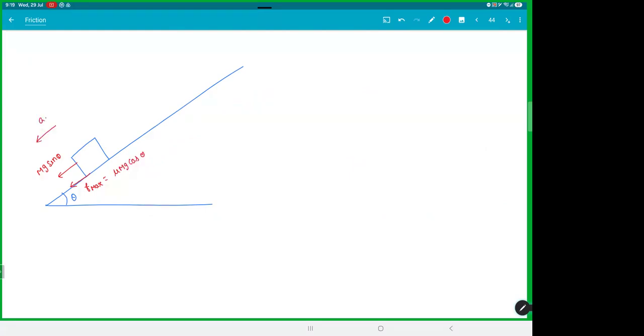Acceleration will be a1, which is backward. Mg sine theta plus mu mg cos theta is equal to m a1. We get a1 is equal to g sine theta plus mu g cos theta. Now this will travel and somewhere it will stop here. This would be the distance traveled s.